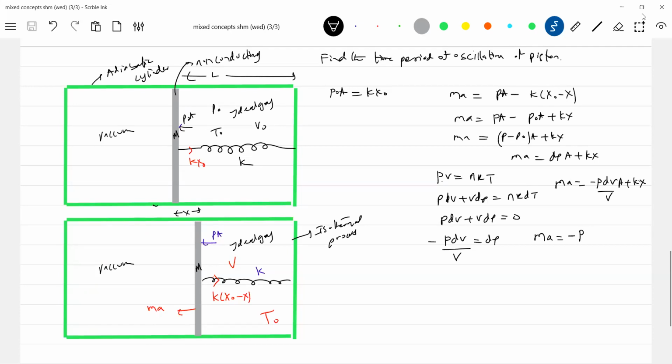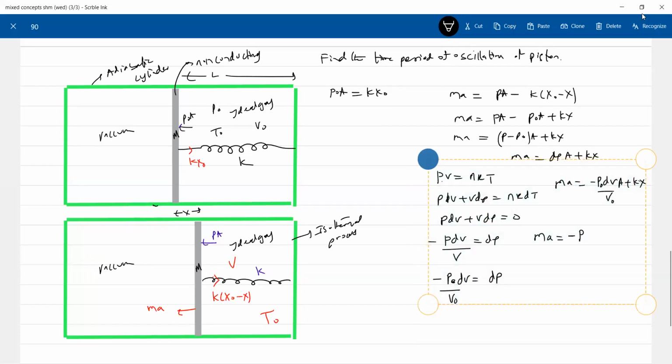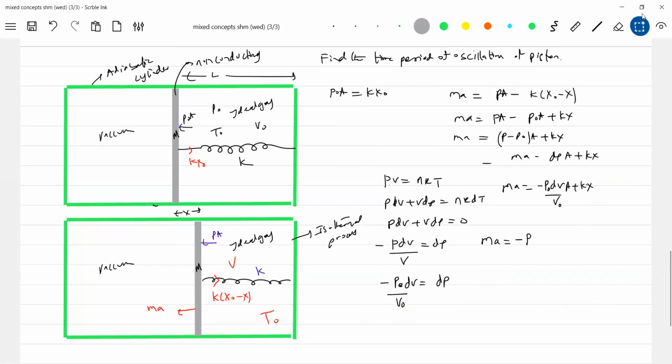I'll write this in proper form so that it will be easy for you. Initial pressure P naught, initial volume V naught. I just slightly modified this. All of you try to see this. What is P? That was the initial pressure, so P naught. What was the initial volume? It was V naught.